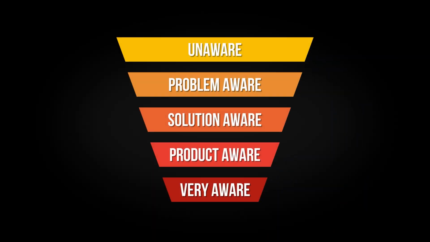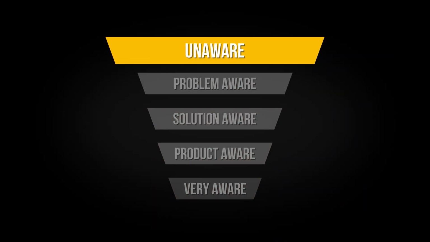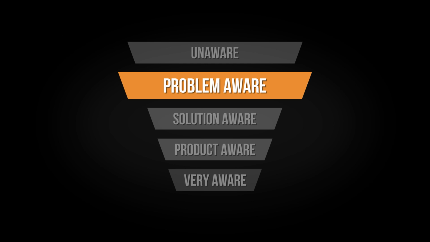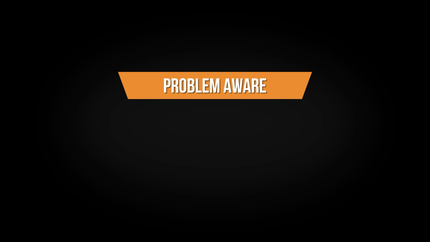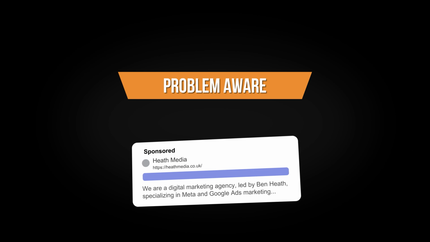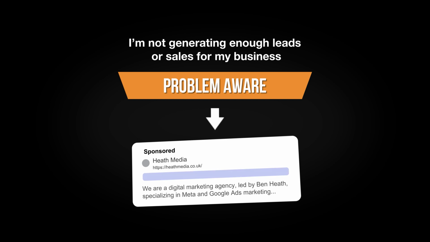So if we start at the top with unaware, well, that doesn't really apply to Google Ads headlines because no one's searching for anything relevant if they're unaware even of the problem, let alone the solution, etc. So we just don't need to worry about that as the top stage. The next one down is problem aware. So if we carry on using a marketing agency as an example, something a lot of people can understand, an example of a headline that we might put in front of someone who is problem aware, their problem being, I'm not generating enough leads or sales for my business, would be "struggling to generate leads?"